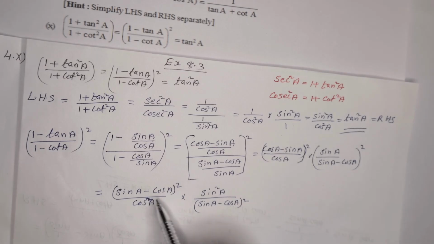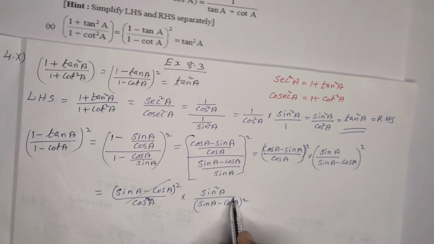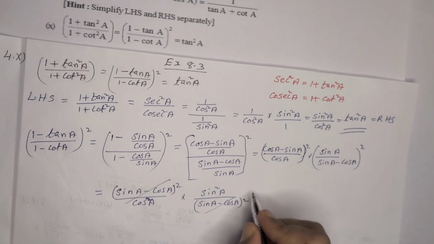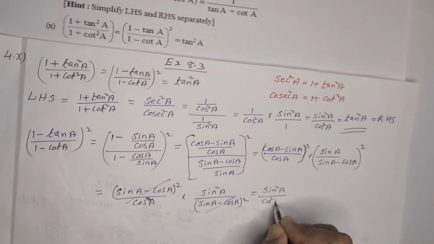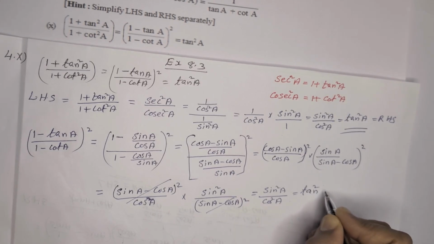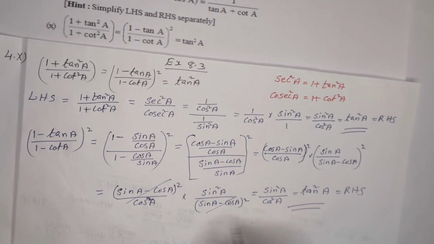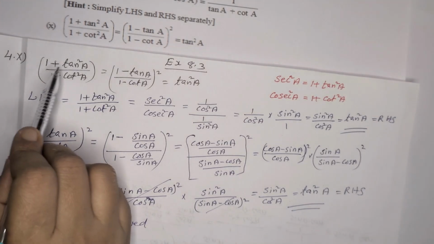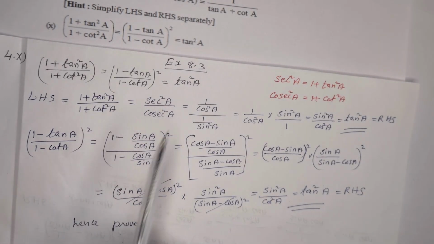Cos A minus sin A we can write as sin A minus cos A the whole square by cos square A into sin square A by sin A minus cos A the whole square. So sin A minus cos A the whole square we can cancel. Then we get sin square A by cos square A, which is equal to tan square A, since sin A by cos A is tan A. That is the same as the RHS, which is equal to RHS. So hence proved. So first we proved the first part is equal to tan square A, then the second part of the expression is equal to tan square A.